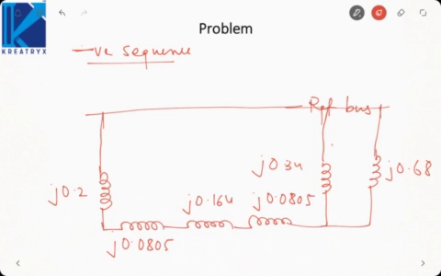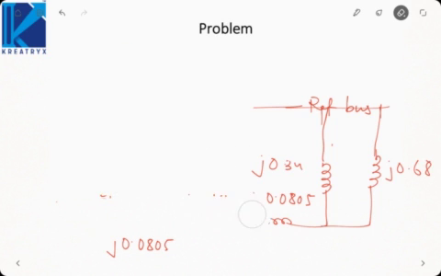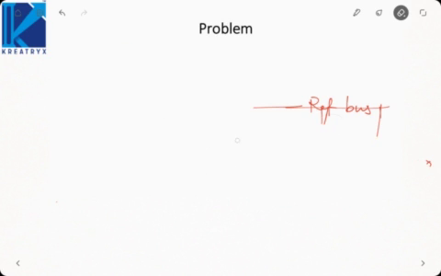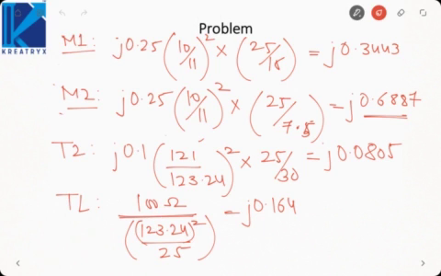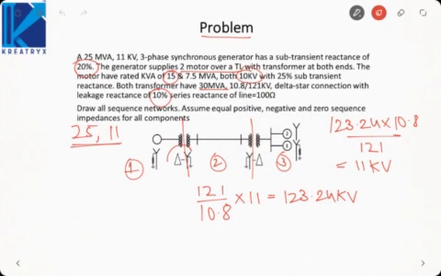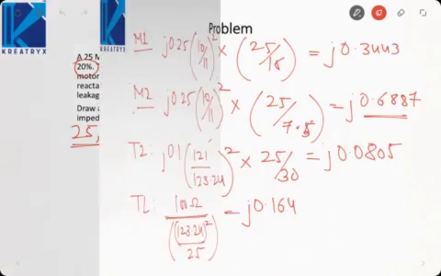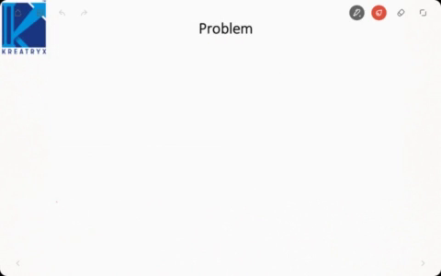Now to draw the zero sequence network, we have to consider the transformer connections also, because the zero sequence network depends on transformer connection. The first transformer is delta star grounded, the other is star grounded delta. So let us draw on this basis. This will be my reference bus.